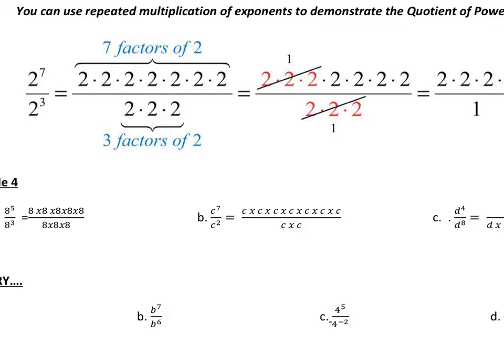We know that we can cross some of these out from our previous lesson from yesterday. So 2 over 2 will cancel out, the second 2 over 2 will cancel out, and the third 2 over 2 will cancel out, leaving us with just a 1 on the bottom.